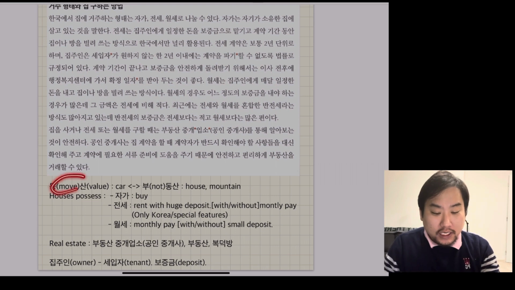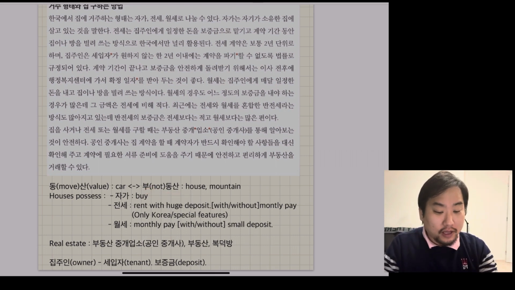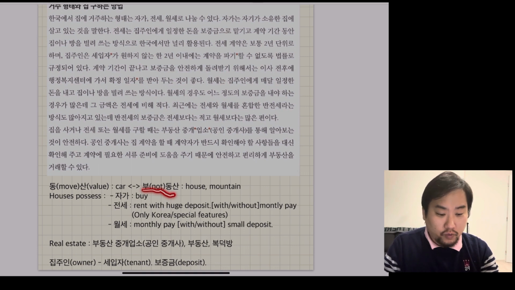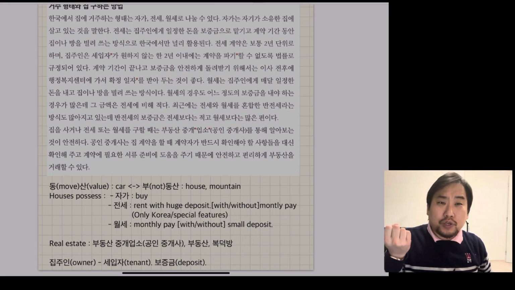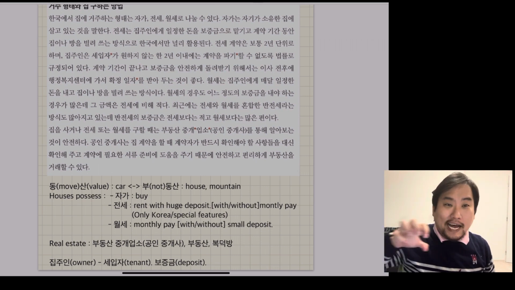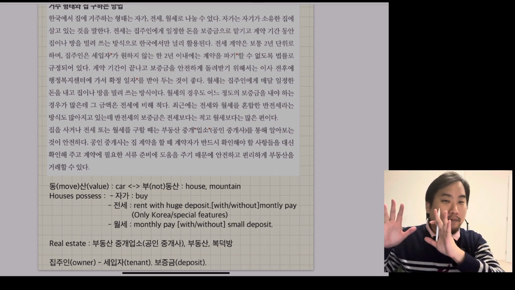So 동산 is a moving value, like a car. We say 동산 and 부동산. 부 is not, so not moving value, which are houses or mountains. So the representative of 동산 is the car, a moving value, and 부동산 means not moving value.